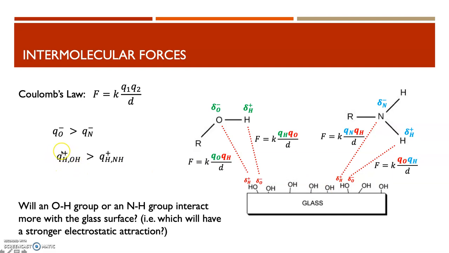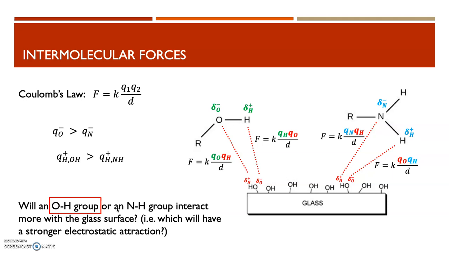Also, the positive charge on hydrogen from my hydroxyl group is greater than the positive charge on hydrogen from the amino group. So this force will be greater between my hydroxyl and my surface than my amino and my surface. So the hydroxyl group will have a stronger interaction with the glass surface. It'll have a stronger electrostatic attraction.